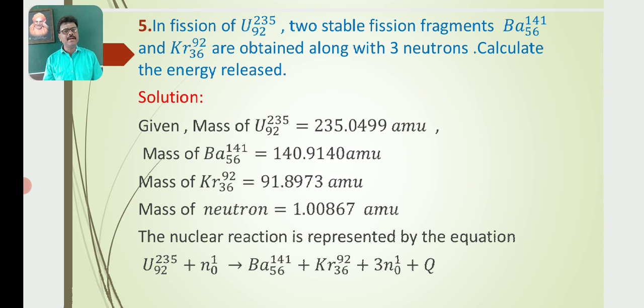Uranium 92-235 plus neutron 0-1. When the unstable uranium nucleus is bombarded with a fast neutron, it splits up into 2 fragments, barium 56-141 plus krypton 36-92 plus 3 neutrons 0-1 plus Q, where Q is the amount of energy released during this process. Then what is its value?